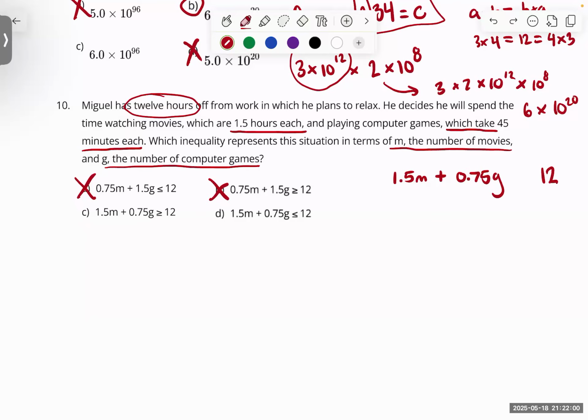Because it actually says he has 12 hours, meaning he can't go above that. That quite literally means that 12 is the greatest possible number it could be. He can't surpass 12. That's why it's the biggest, indicating that D is the answer.